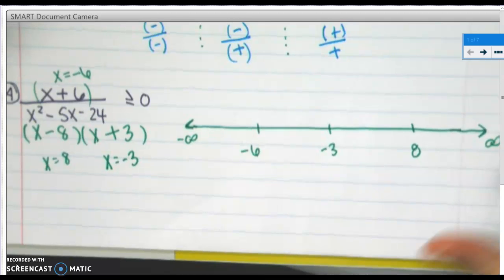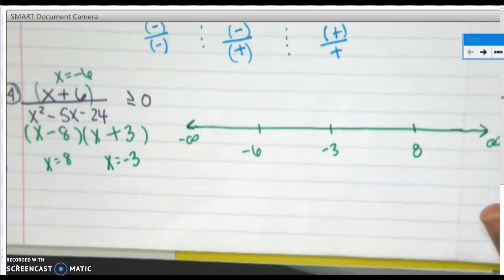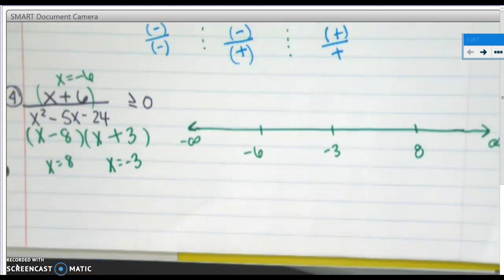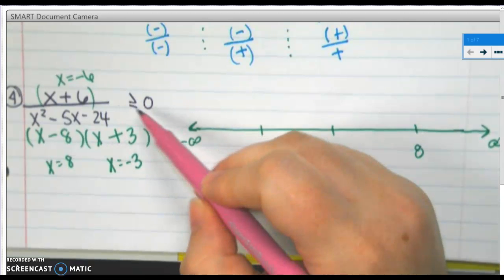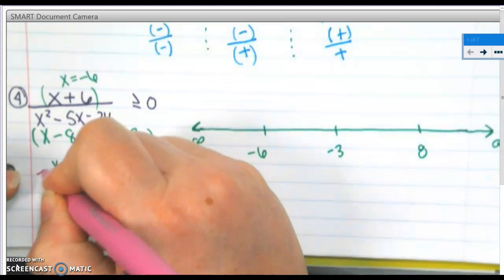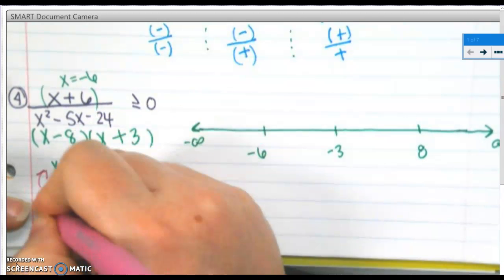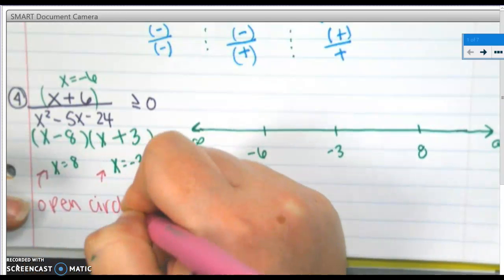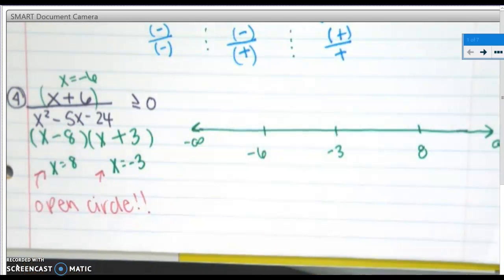All right, now when you're going to do your open circles and closed circles for rational, remember that mathematically you cannot divide by 0. So no matter what this symbol is, any critical values in your denominator always get an open circle because your denominator can never equal 0.